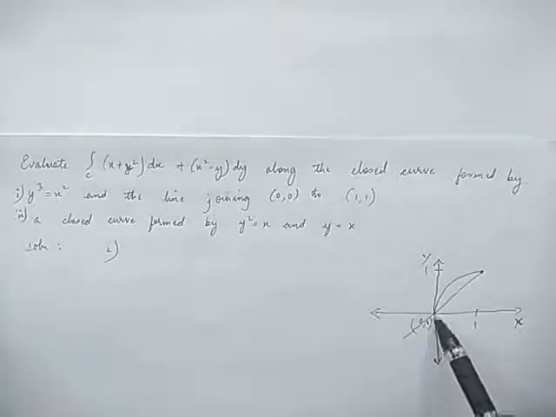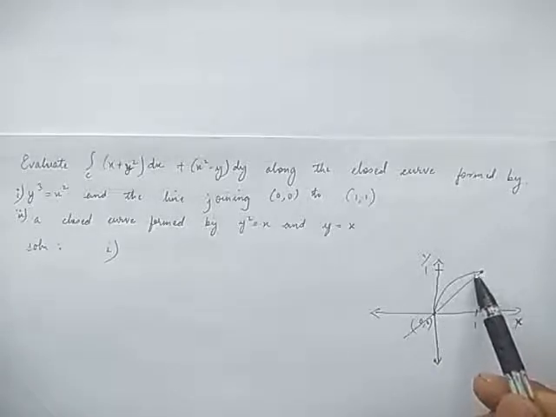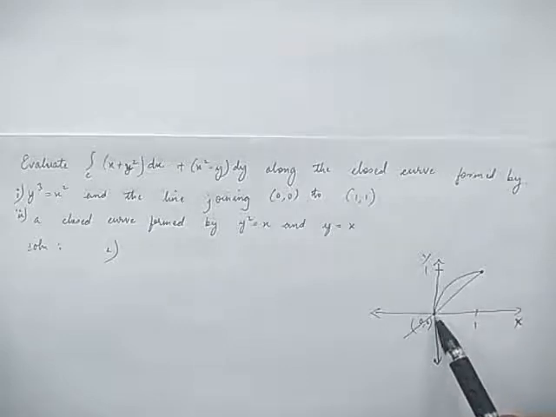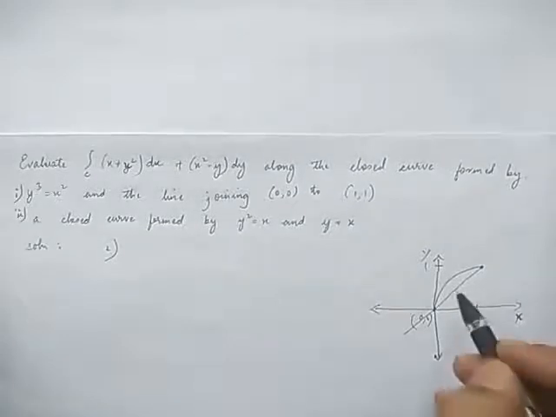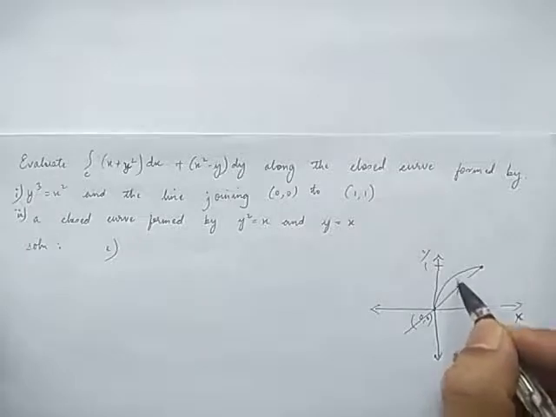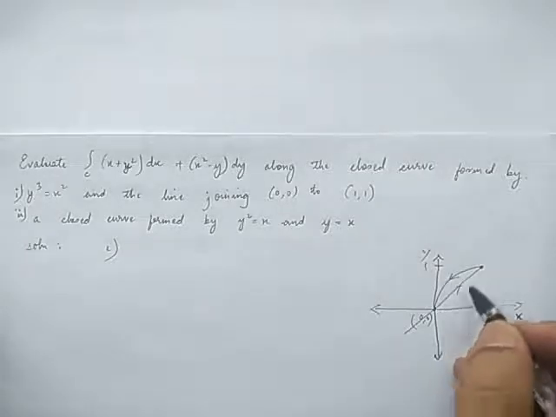So we have a closed path now. My path goes from 0, 0 to 1, 1 and from 1, 1 back to 0, 0, traversed like this.